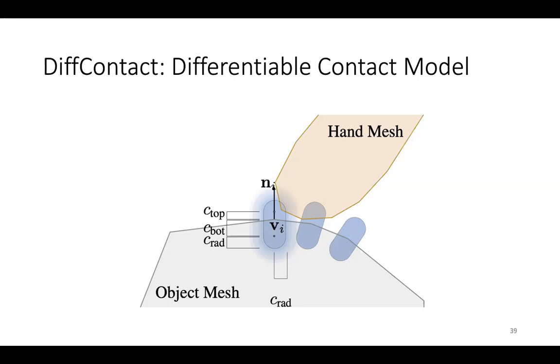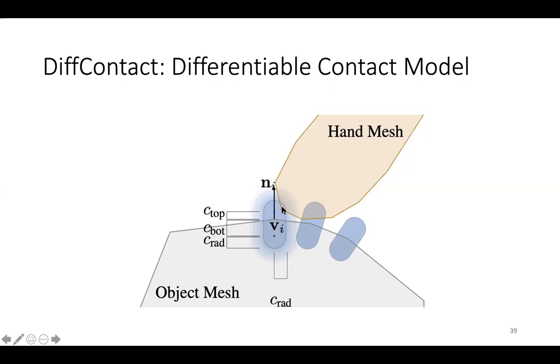So we developed this capsule based method where each vertex on the object surface has a small millimeter sized capsule around it, and we say that if any hand vertex is within this capsule, then it is uniformly detected as a maximum contact value.